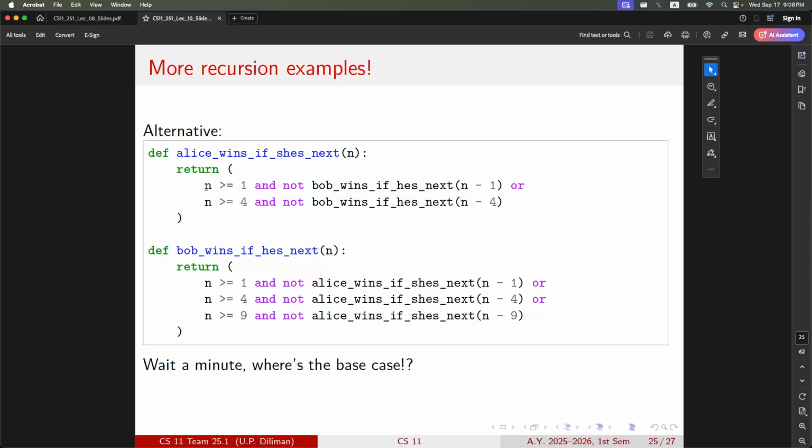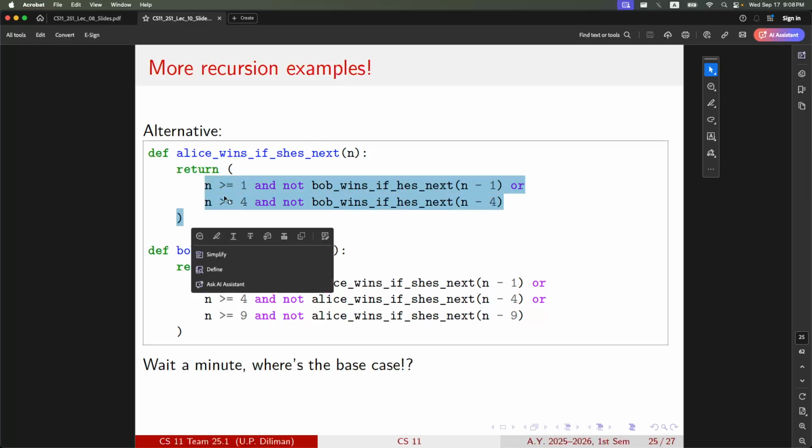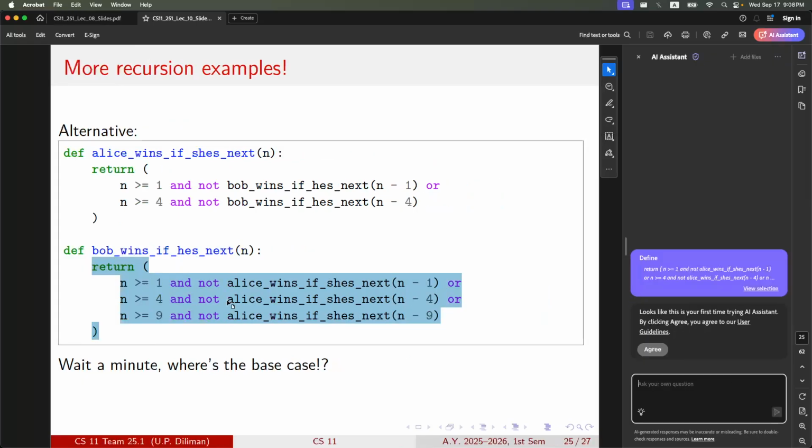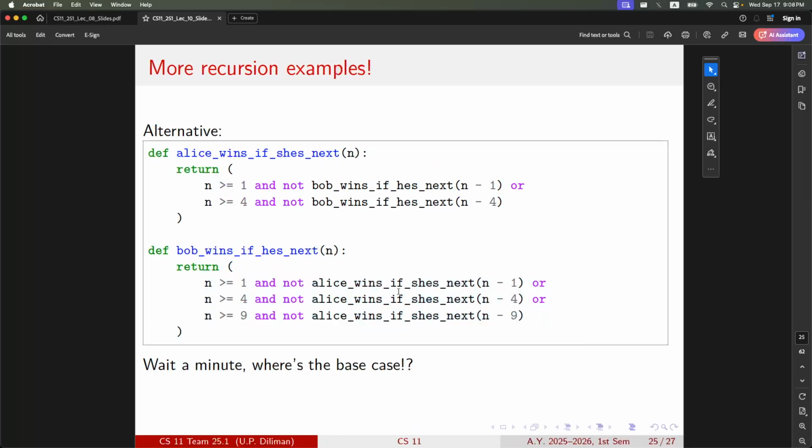If n becomes 0, then all of these will be false. So for both functions, the base case is hidden in this way.